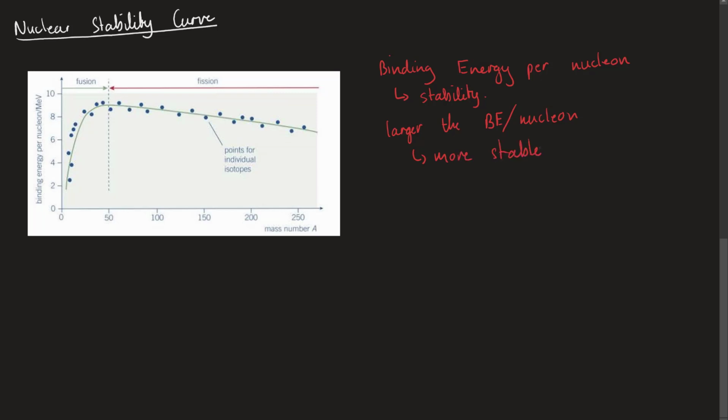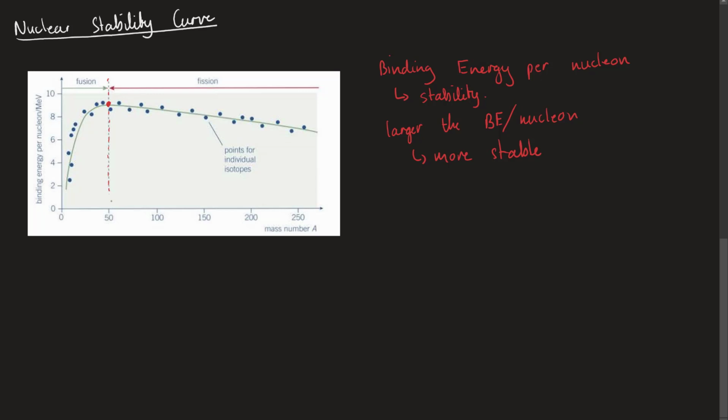Now we'll see in this graph that we actually end up with a peak about here, which is why we've drawn this line here. This is the most stable isotope that we have, and it resides at a mass number of about 50.